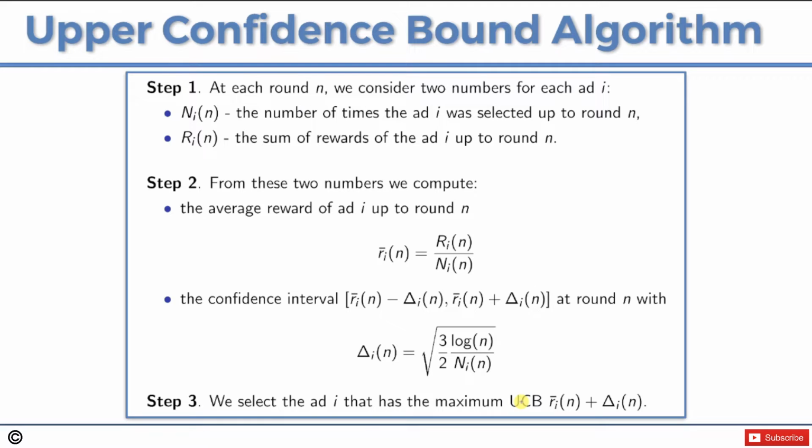confidence bound. And that's why in the UCB algorithm, it's compulsory to make sure that during the first rounds, all the ads are selected. So actually, during the first 10 rounds, we have to use a trick so that we make sure to select all the ads. So that this way, well, all the N_i here, for all the different ads will be different than 0. Okay?